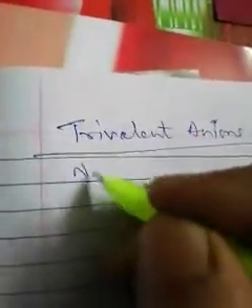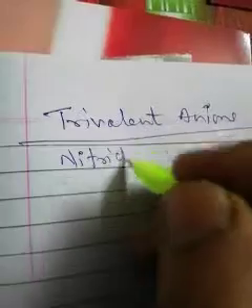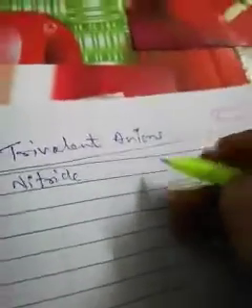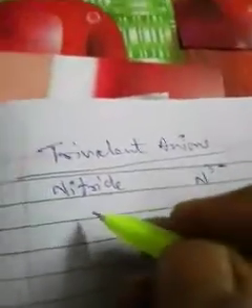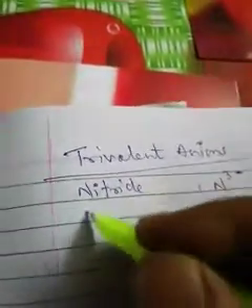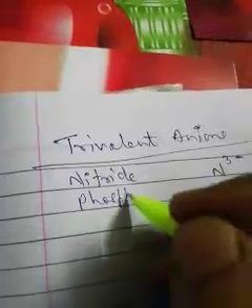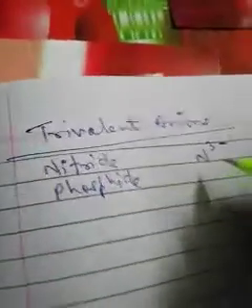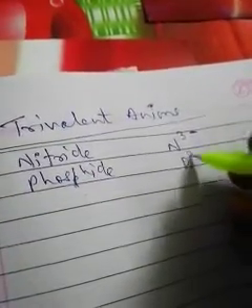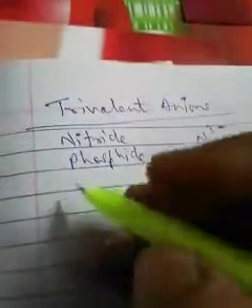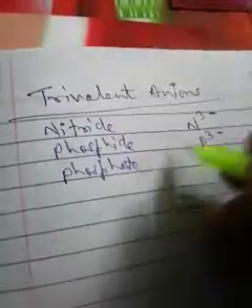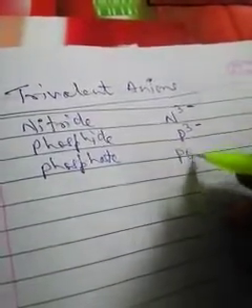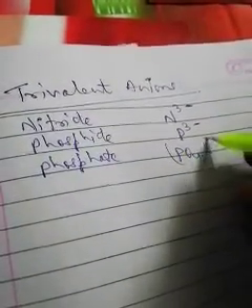Nitride, valency 3. And phosphide, symbol P, valency 3. Phosphate, PO4, valency 3.